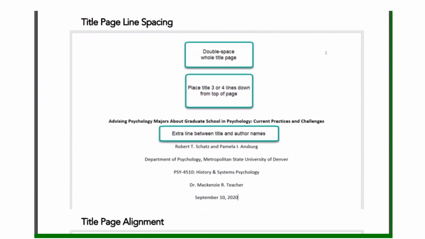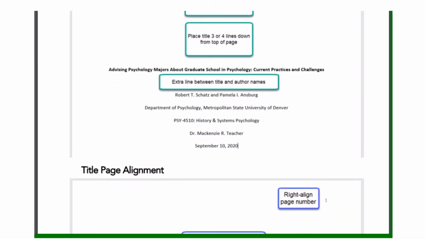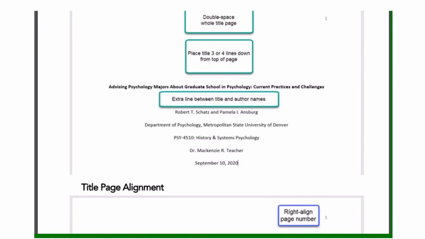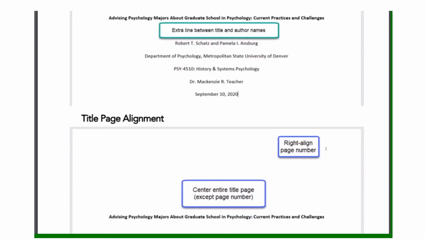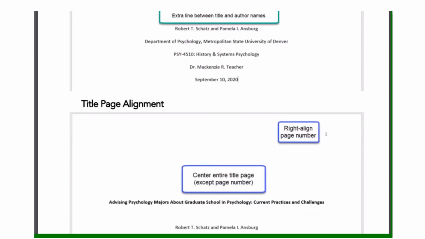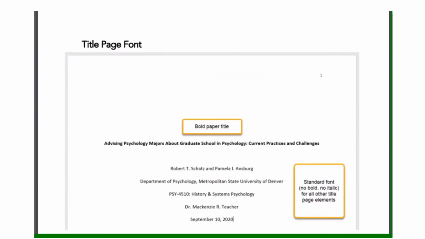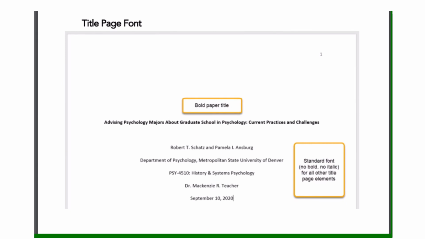It also tells us how to space your title page here in APA format. So when it's time to start writing and typing, consult this for the specific details. Again, title page font should be a standard font similar to what you've decided to use for the rest of your paper.